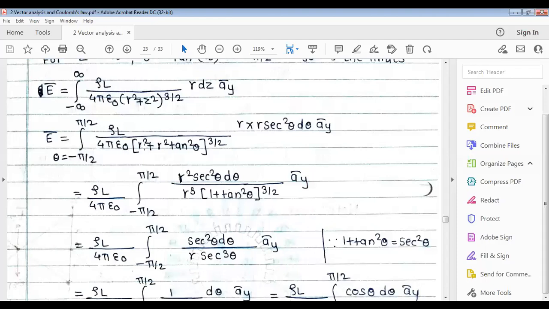So this 2 and 2 will get cancelled and 3 will be there only. Okay. So this r cube is taken common here. And in bracket the remaining quantity is 1 plus tan square theta raised to 3 by 2, into unit vector a bar y.